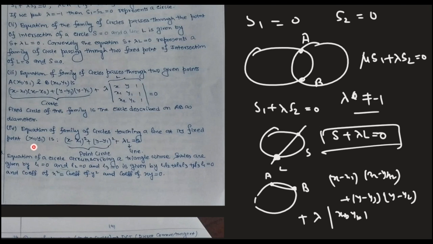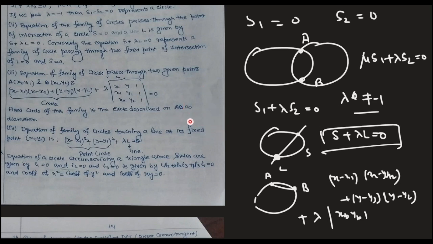So what will happen, you are getting here the point circle (x minus x1) whole square plus (y minus y1) whole square, the equation of the family of circles touching a line at its fixed point. So suppose this is a line and the circle is touching like that at the point x1 y1, okay now.